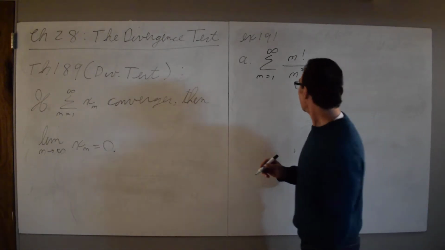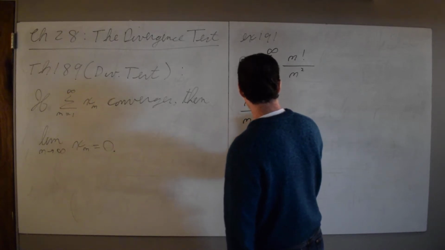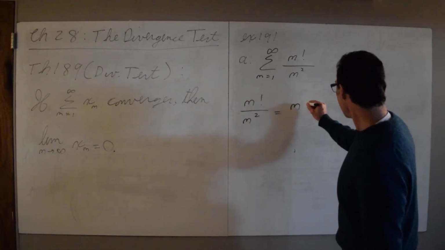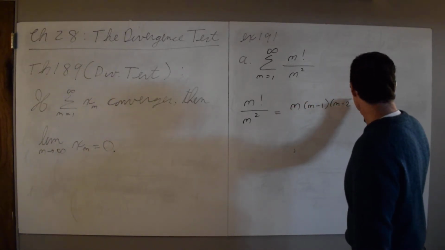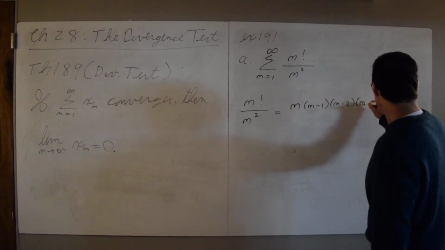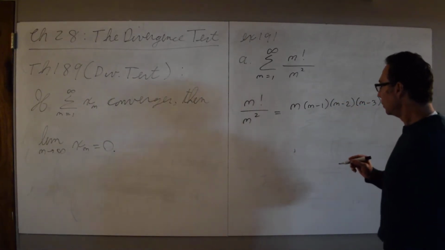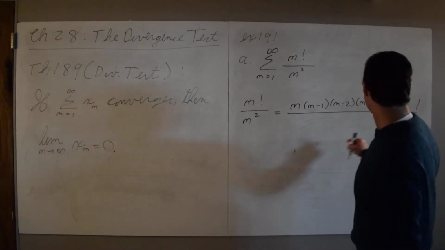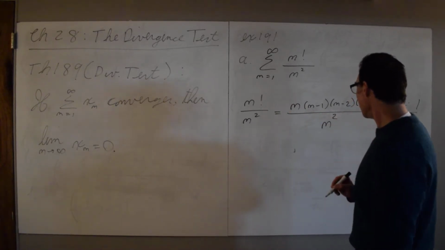Now, what is n factorial over n squared? Remember, n factorial is n times n minus 1 times n minus 2 and so on. We just take the product of all the natural numbers between 1 and n, divided by n squared.